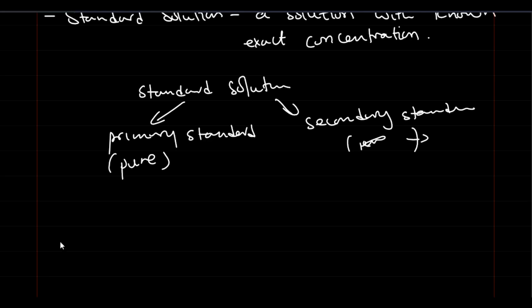Okay, guys. So now, how do we prepare this primary standard? Okay, I will try to link a video of a practical where they prepare this primary standard for you. I will link it in the description of this video.